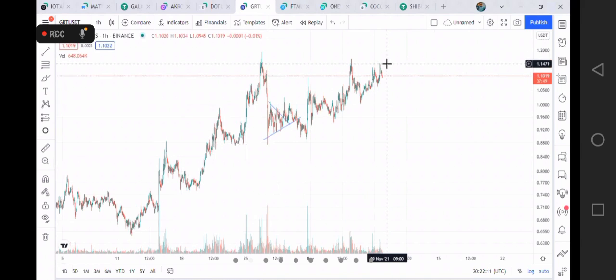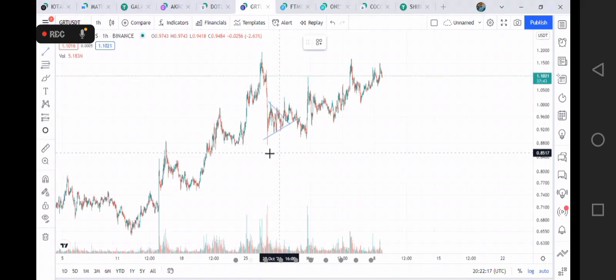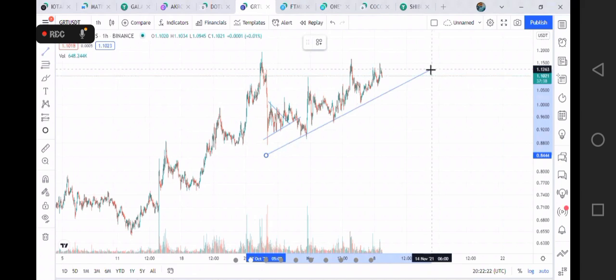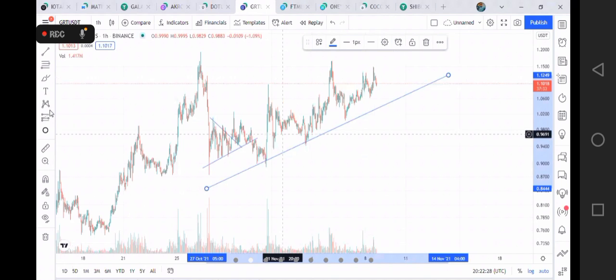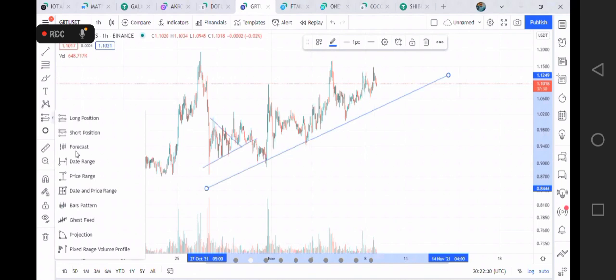This kind of looks like an ascending triangle. Wait, let me connect it. Expand it. I saw something there. That of XRP is not it. XRP is a bullish wedge. I think I found it already. Yeah, that's an ascending triangle.